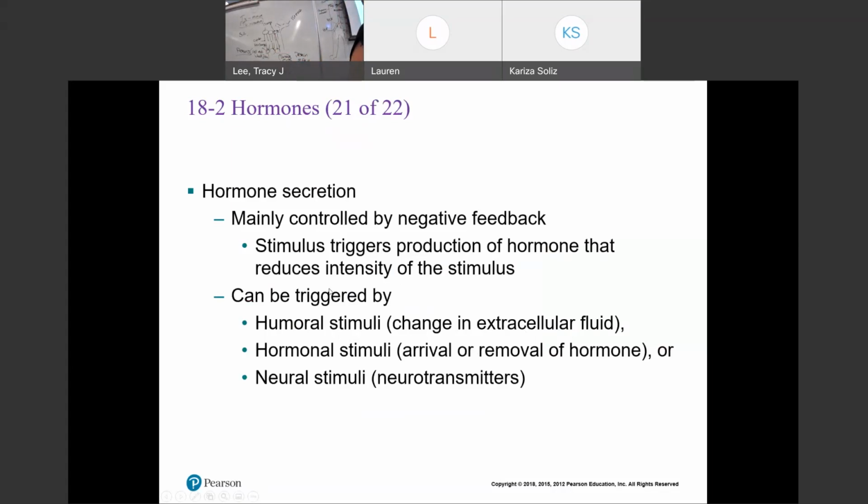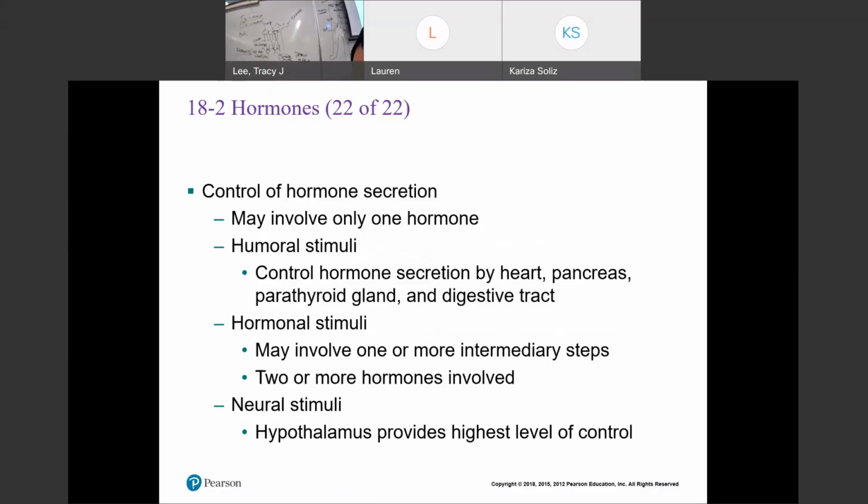Or neural stimuli using neurotransmitters, in the case of the adrenal medulla, where a neurotransmitter tells the adrenal medulla, hey, secrete this hormone. Humoral stimuli can control secretions by the heart, pancreas, parathyroid, and digestive systems.